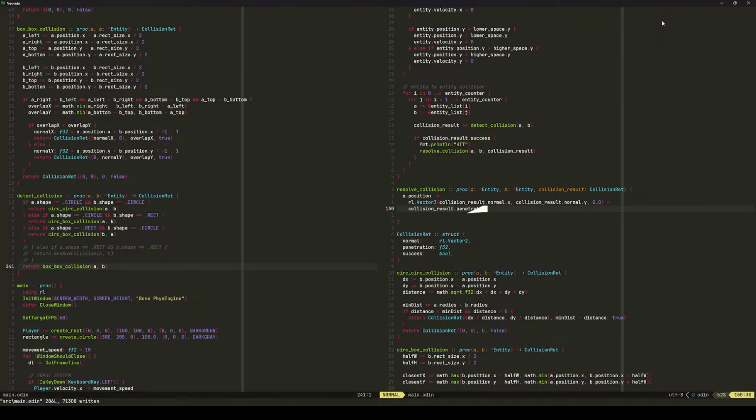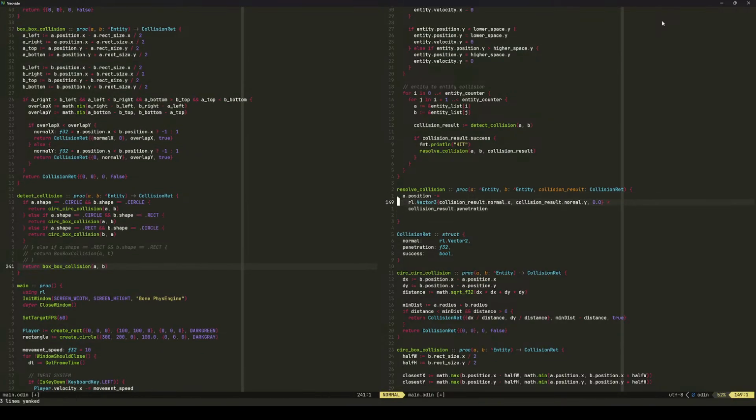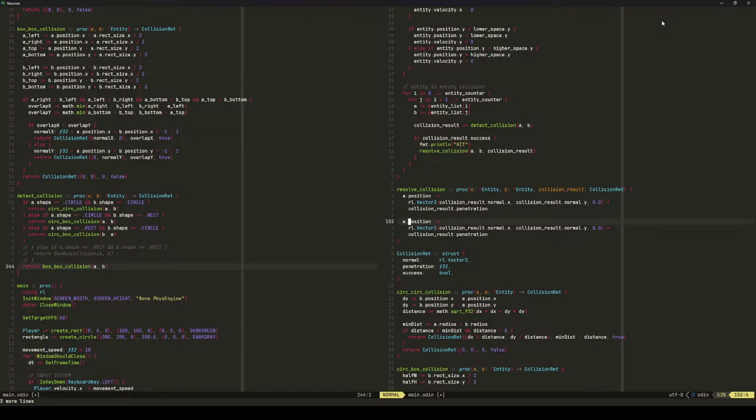Position of A. The updated position of A. And then B dot, okay, this is going to be position B, and then yes, not much in there, right?